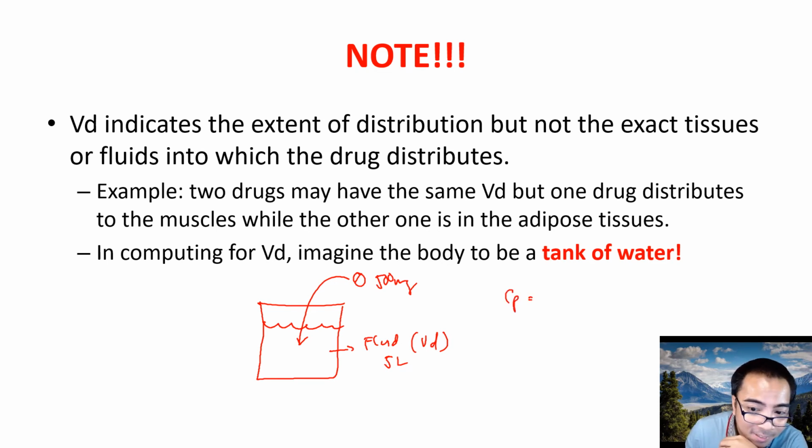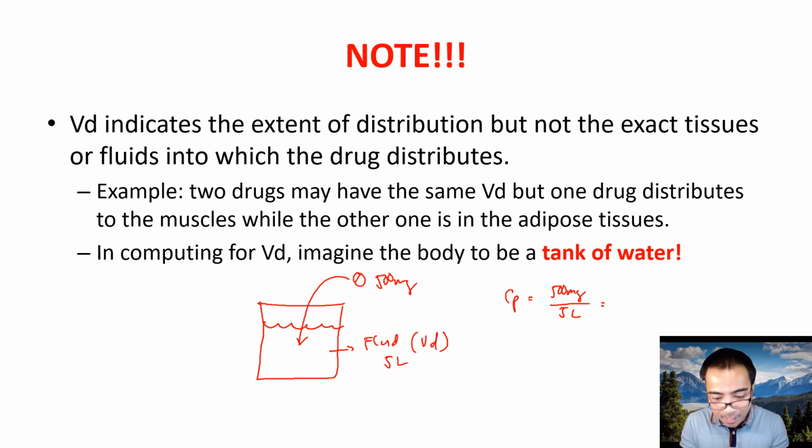That's just simply 500 milligrams divided by 5 liters. Let's get my handy-dandy calculator. Alam ko naman ang answer dito, pero kinakalculate ko pa rin. That would be 100 milligram per liter, and that's the concentration. Di ba ang dali?